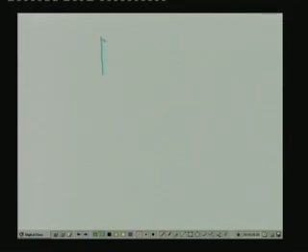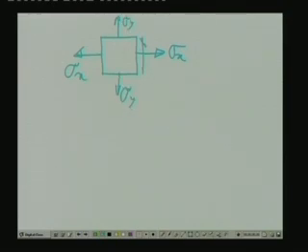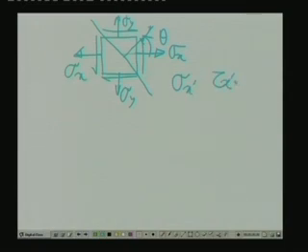If we have a body which is acted on by the rectangular stress components which are sigma x, sigma y in the y direction, and the shearing stresses, we can compute stress at any plane, the normal to which is making an angle of theta with x plane, and this is what we have defined as the normal stress on this plane as sigma x dashed and the shearing stress as tau x dashed y dashed.